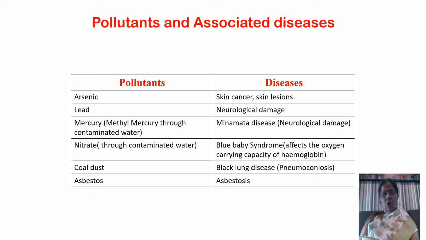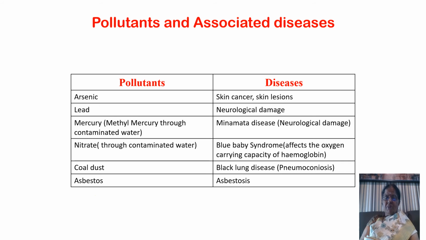Then nitrate compounds, which are again found in contaminated water. We are talking about air pollution, but I thought you should learn the names of these pollutants along with it. Nitrate causes blue baby syndrome. What is blue baby syndrome? The baby becomes blue because of lack of oxygen. Nitrate affects the oxygen carrying capacity of hemoglobin in the blood, so less oxygen is supplied to the brain and heart, and the baby becomes blue.